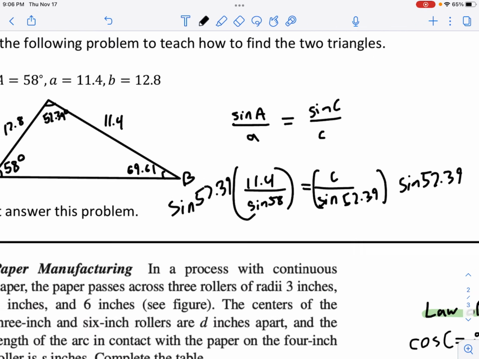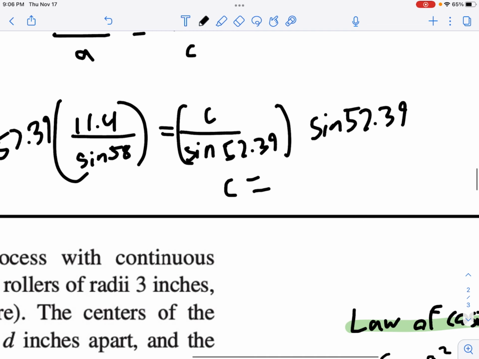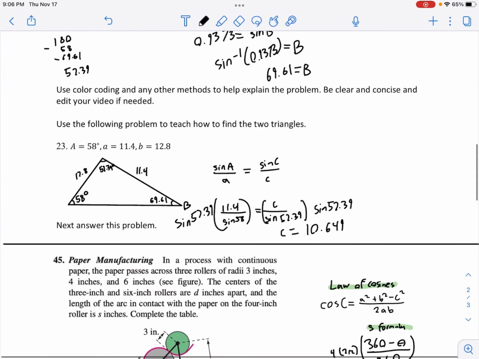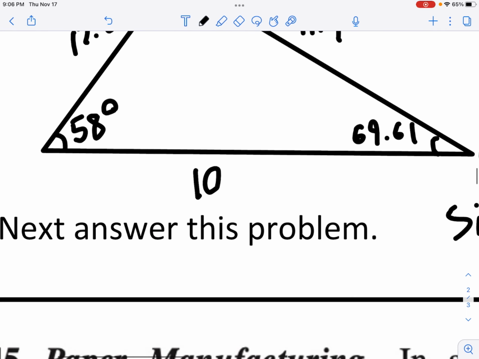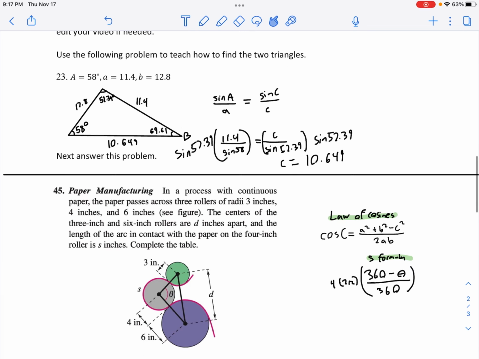Okay. So I'm gonna end up with C equals 10.649. And then we have our C length, and we have everything we need in the triangle. So now we're going to go on to the next one.